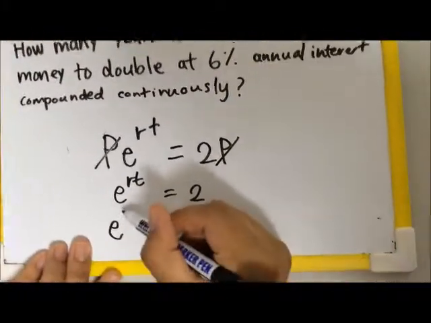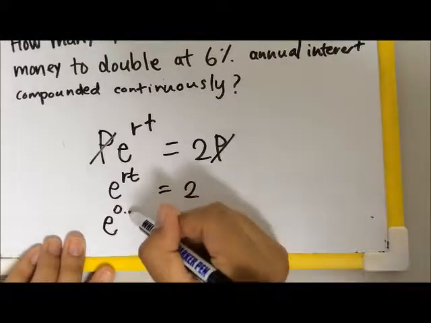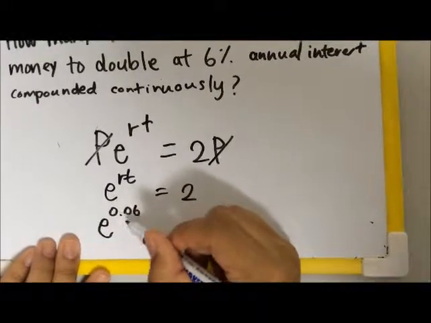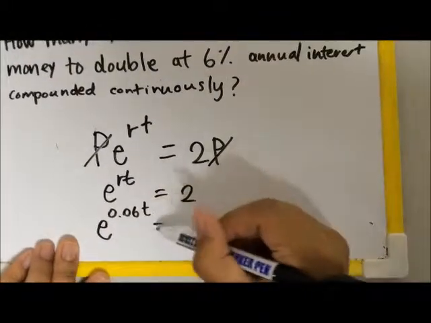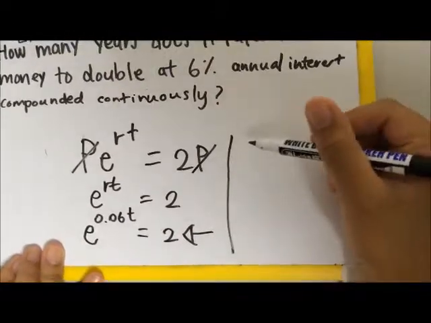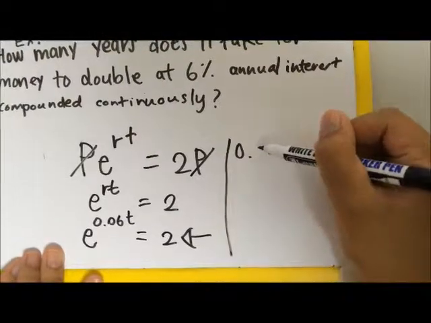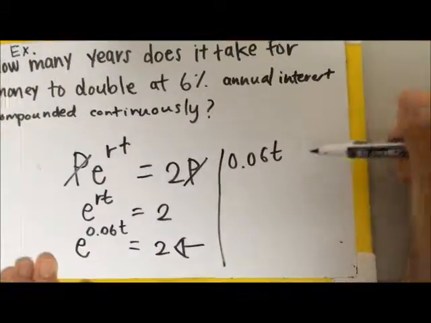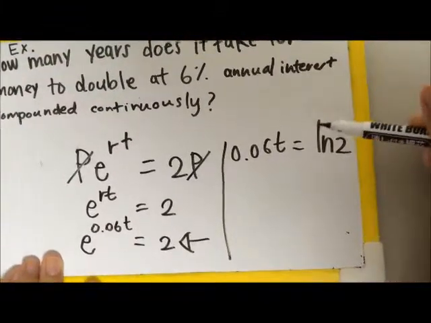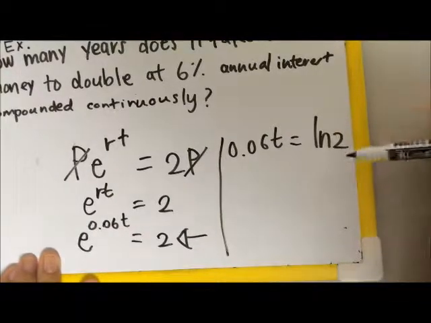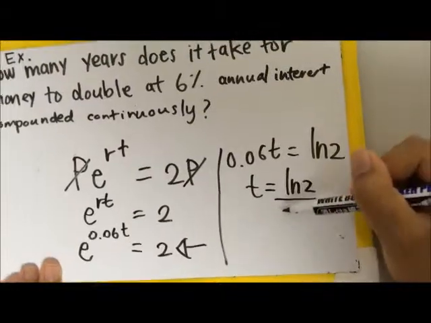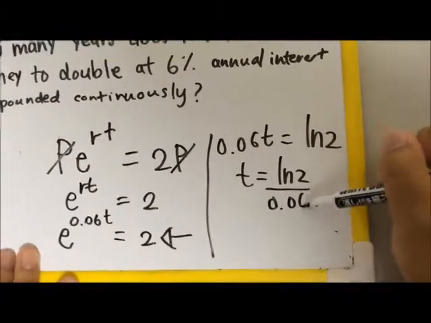If r is 0.06, then e^(0.06t) equals 2, and this implies 0.06 times t equals ln 2, by taking the natural log of both sides. Then t will be equal to ln 2 divided by 0.06.